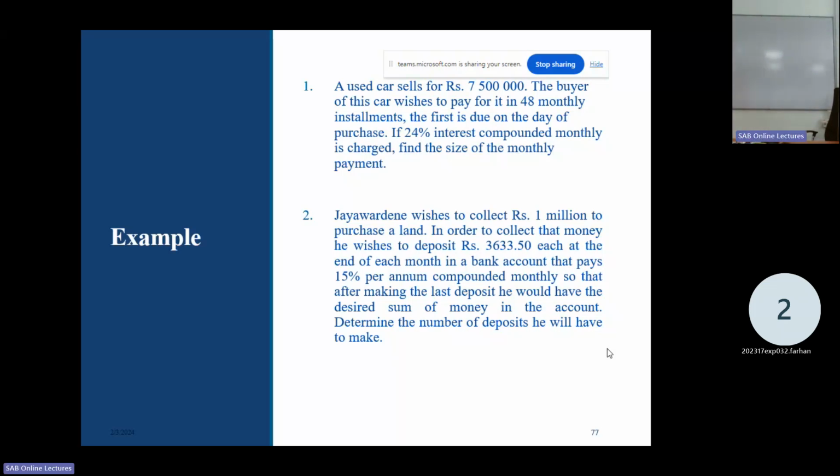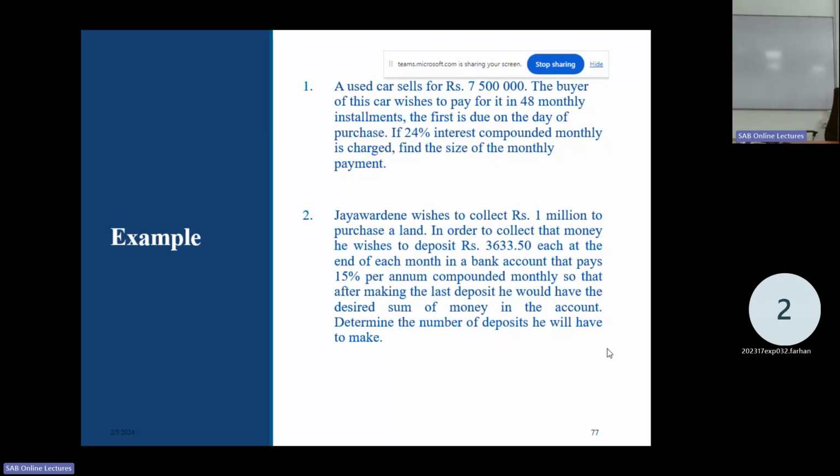What is the application here? This 1 million is equal to what? 1 million is equal to the future value. At some future time, you want to have 1 million.